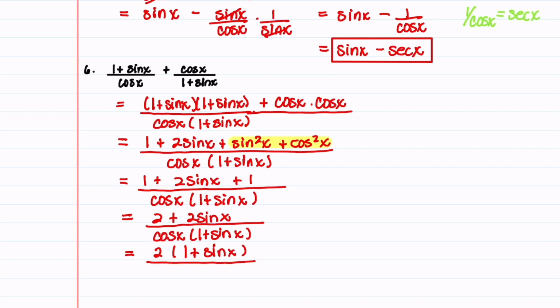And then you can see something good. We're also, in our denominator, we have a 1 plus sine x. So that's great. That cancels out. And we're left with a 2 divided by cosine x, which is just 2 times secant x.